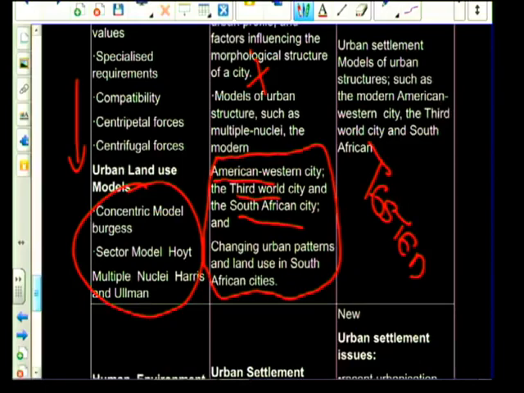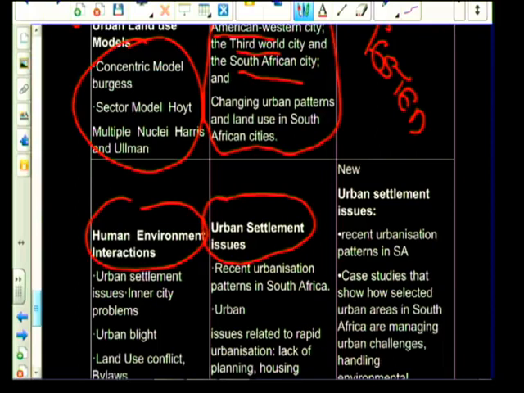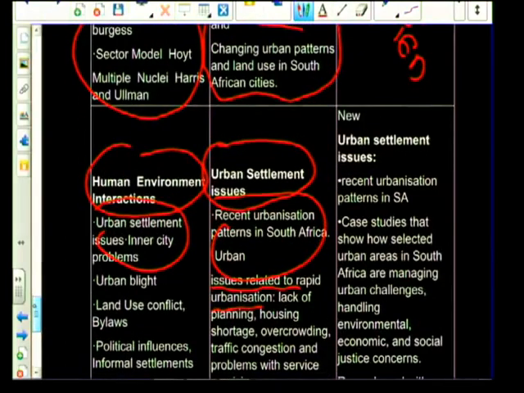All right, let's look at the next section. Human environmental interactions. Here we call it that. Here we call it urban settlement issues. Just a different heading. But if you look at the same things: urban settlements and inner problems, recent urbanization, issues related to rapid urbanization. That could be your problems.